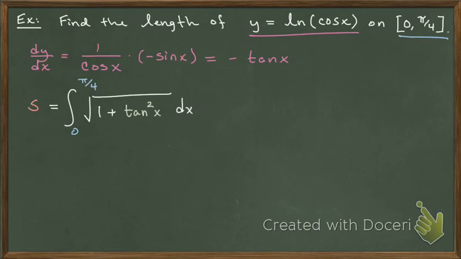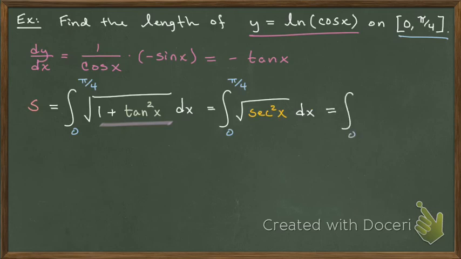And then I have to integrate this somehow. I remember 1 plus tangent squared shows up in one of those Pythagorean identities, and in fact 1 plus tangent squared is going to be secant squared. So I can replace 1 plus tangent squared with secant squared of x, take the square root to give me just secant in my integral, and then find that antiderivative.